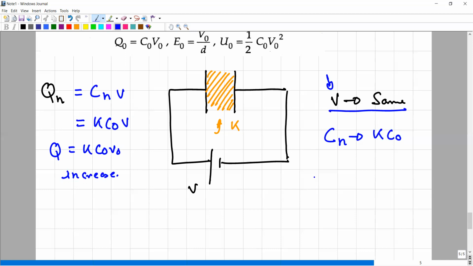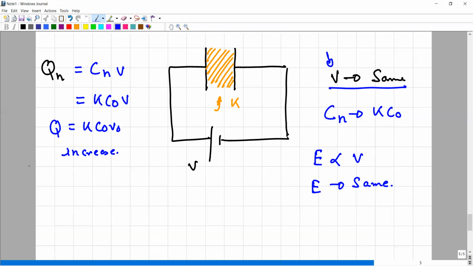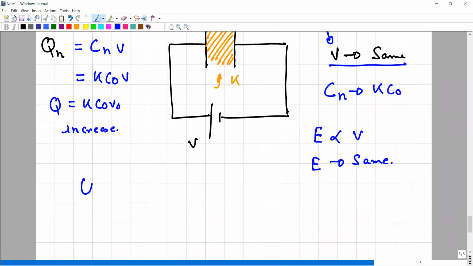Then what would happen to the electric field? Electric field is proportional to the potential, so the electric field also remains the same. And what will happen to energy? The new energy will be half of the new capacitance times the potential squared. The potential has not changed, that is the same value.